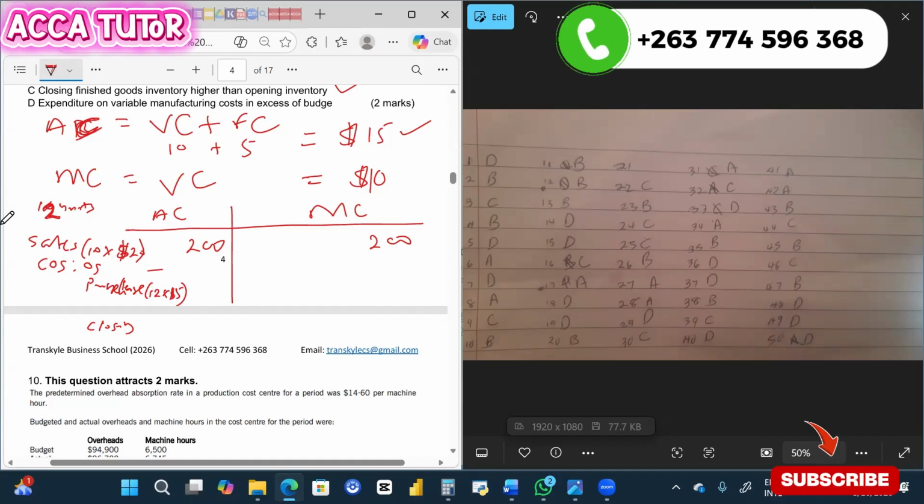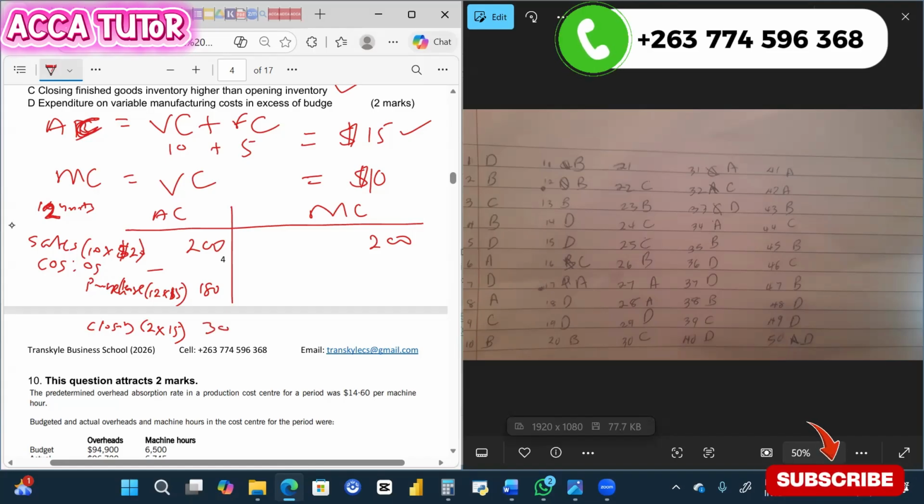What is 12 multiplied by 15? 180. Then the closing stock, we are left with 2 units because we sold 10. So 2 multiplied by 15. That's 30, right? Yes, that's 30.